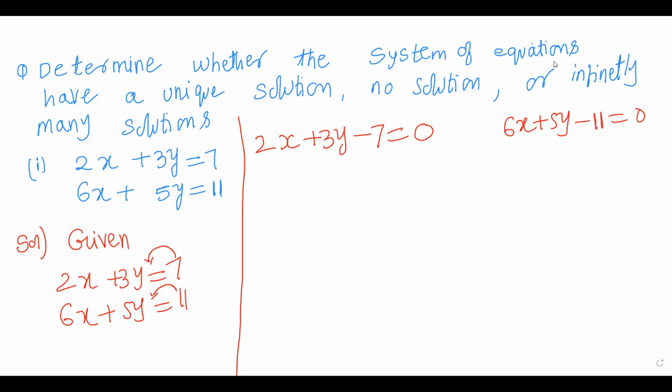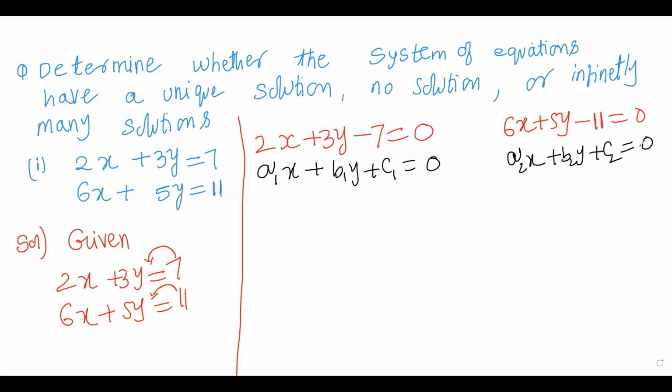Now write down the general form of a pair of linear equations. The general form is A1x plus b1y plus c1 is equal to 0, and A2x plus b2y plus c2 is equal to 0.